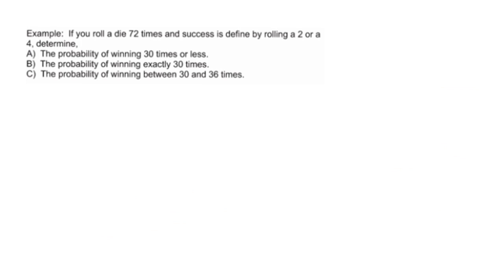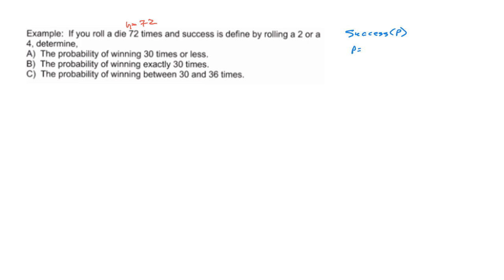So here's our problem. Suppose you have the roll of the die, and you're rolling this thing 72 times. So n is 72, right? And what you need to do is have a success as either a 2 or a 4. So for our success, that's our p-value.